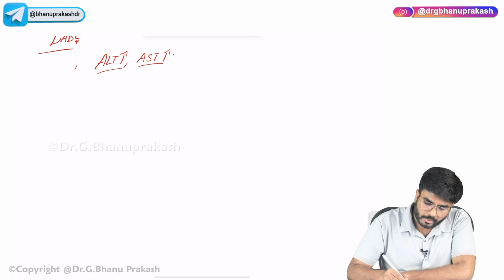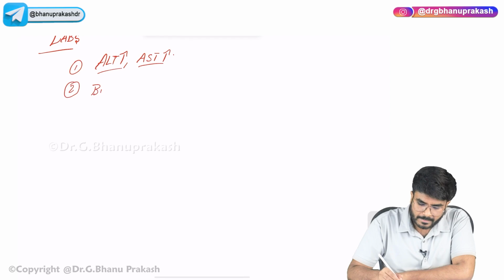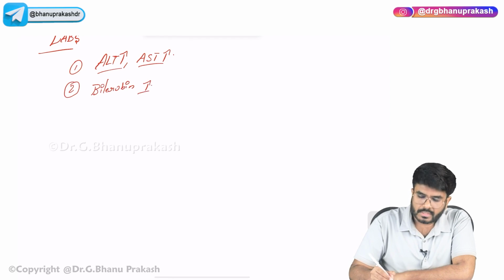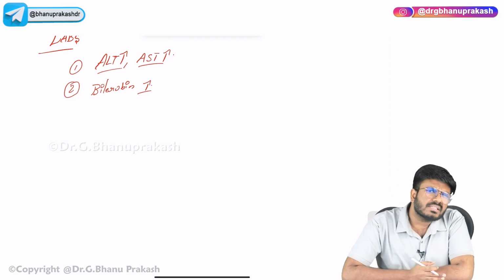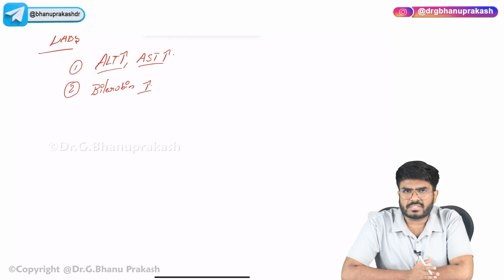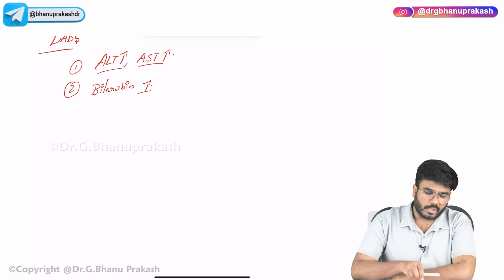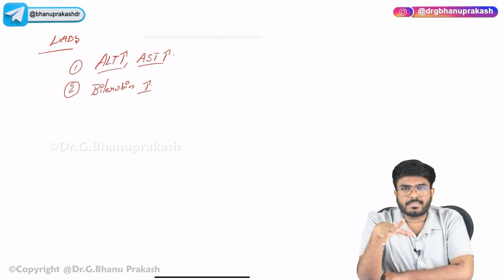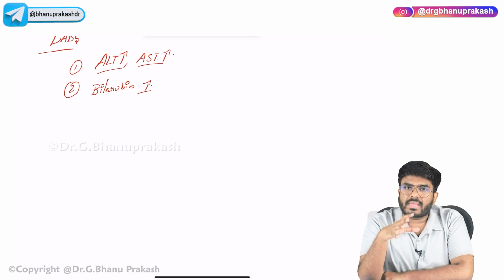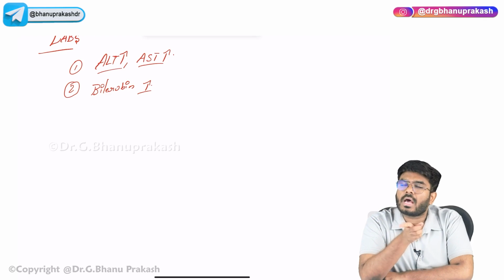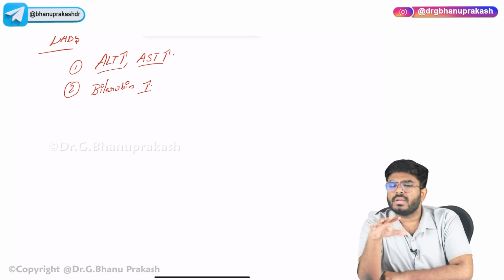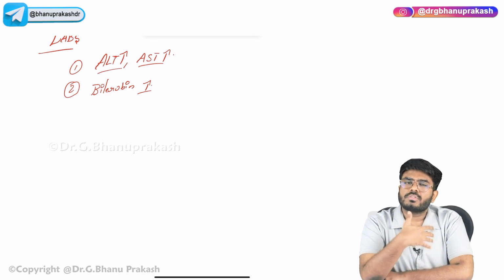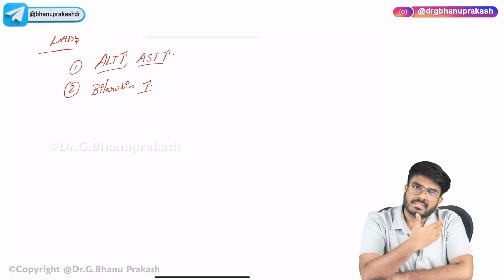Now what about the bilirubin levels? The bilirubin levels are elevated in the blood, both conjugated and unconjugated bilirubin, because the liver is getting damaged. Some hepatocytes are dying. As the hepatocytes are dying, the liver's capacity to convert unconjugated bilirubin to conjugated bilirubin decreases a little bit, so unconjugated bilirubin levels rise.